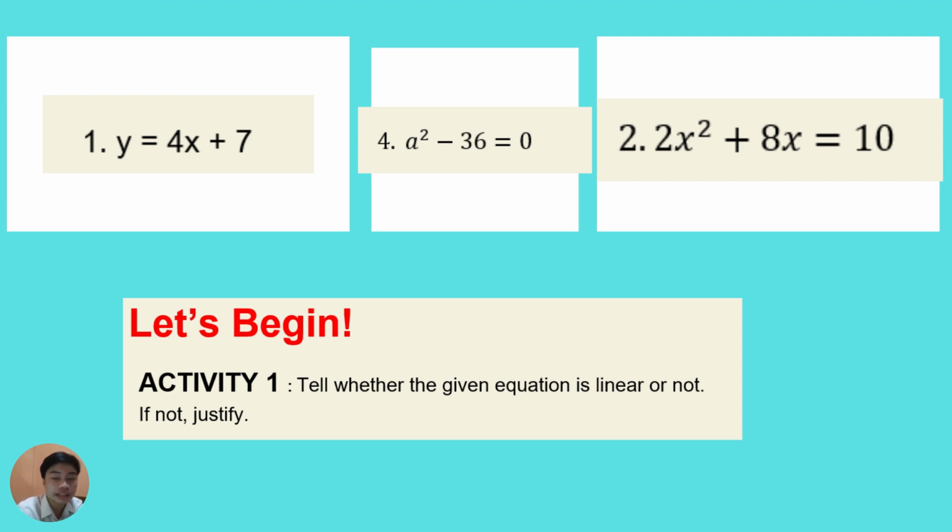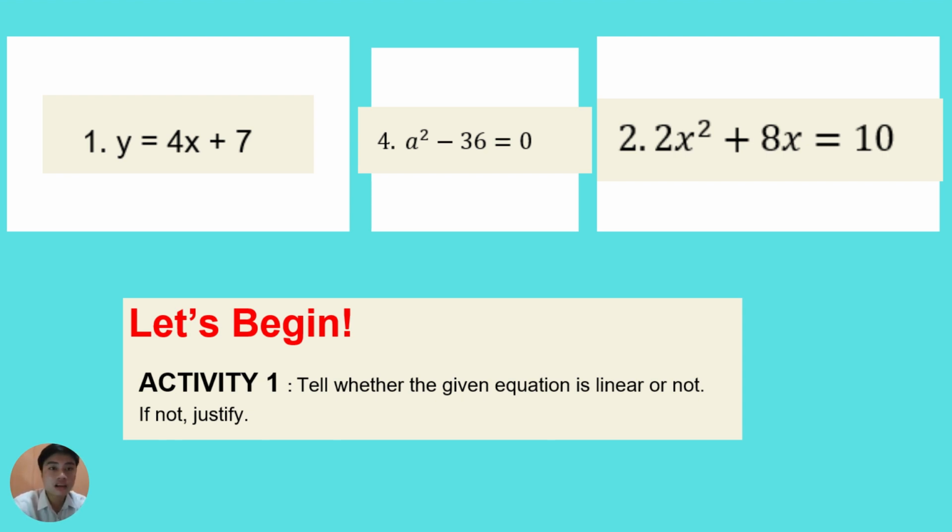Let's have this example. For activity number 1, tell whether the given equation is linear or not, and if not, we will justify. For example number 1, y is equal to 4x plus 7.